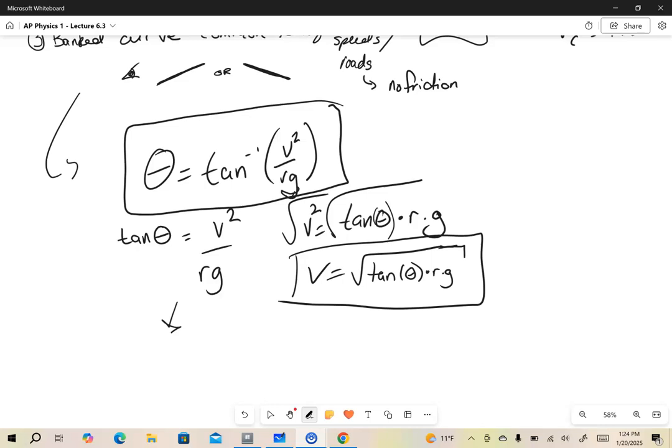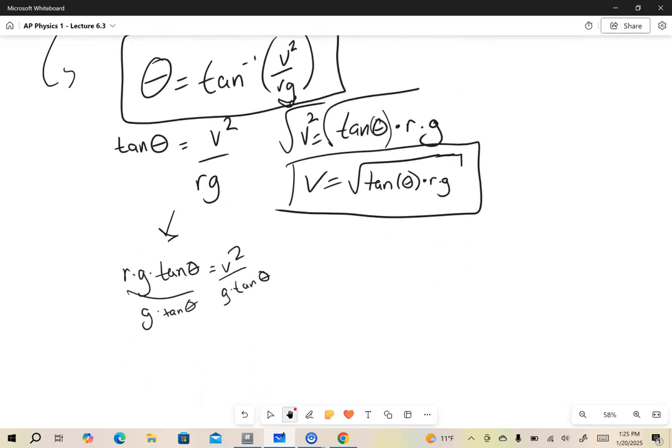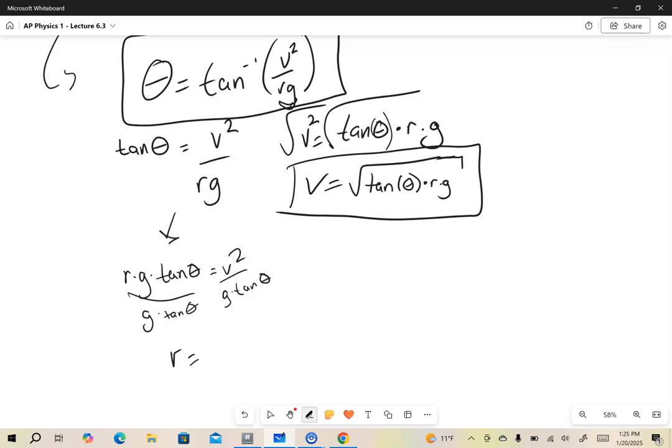Taking this step and rearranging, I'm going to put r on the left side and get r equals v squared over g times the tangent of theta.